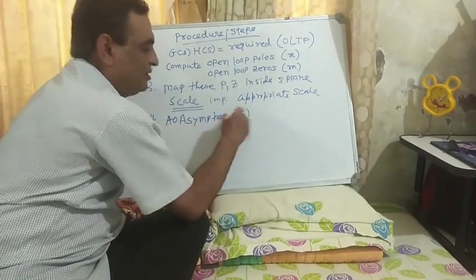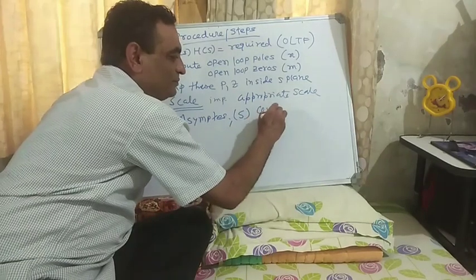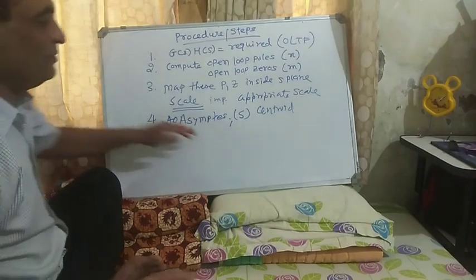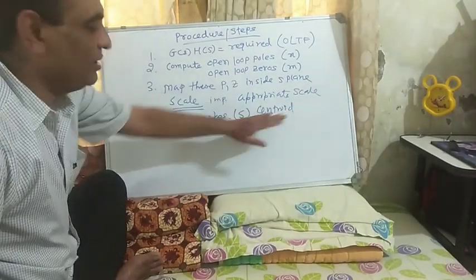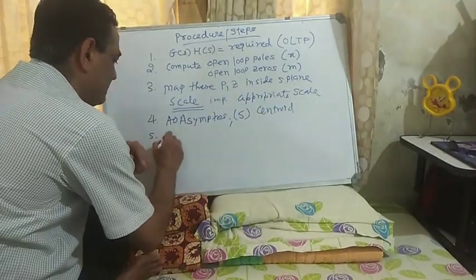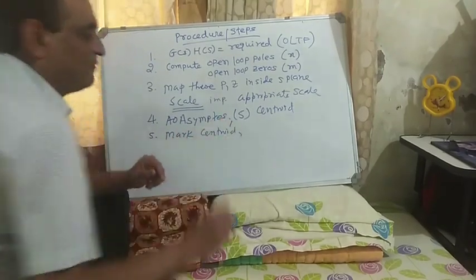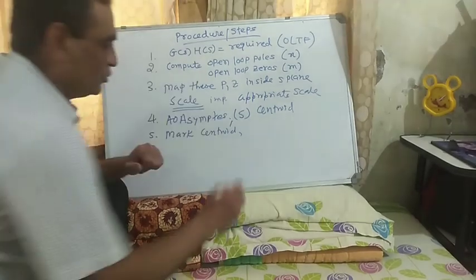Similarly, step 5, calculate the centroid also. Once the centroid is calculated, mark the centroid on the graph paper, and from there, draw the angles of asymptotes.